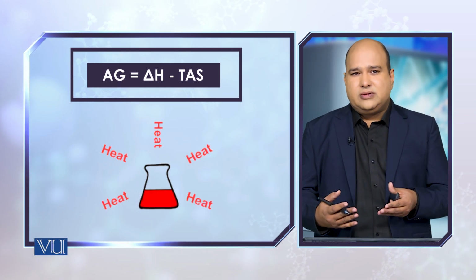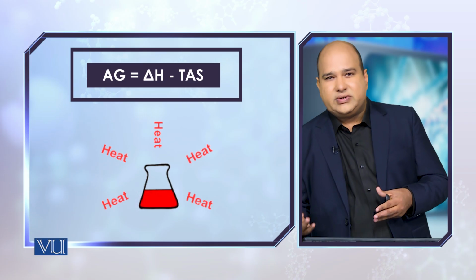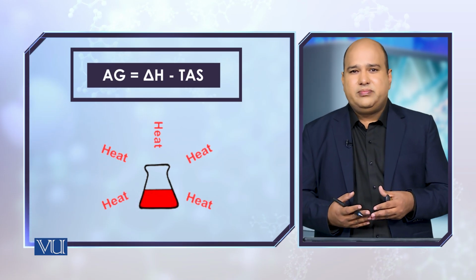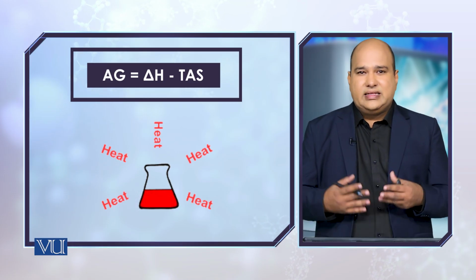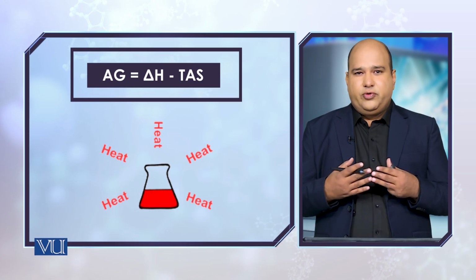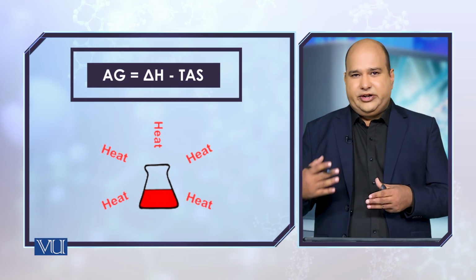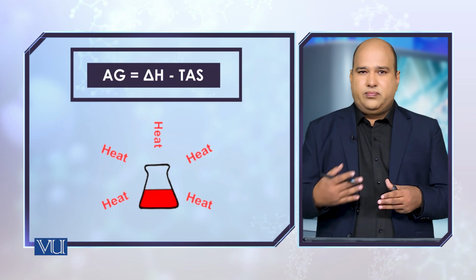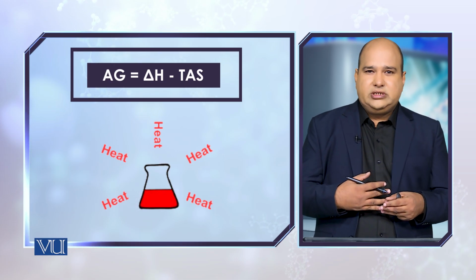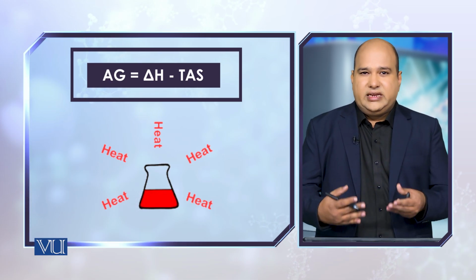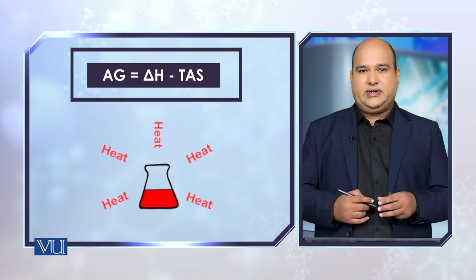So, of course, if something is contributing towards disorder, it cannot be used as useful work. That is why we subtract the entropy from the energy, to really make use of that energy for useful work.